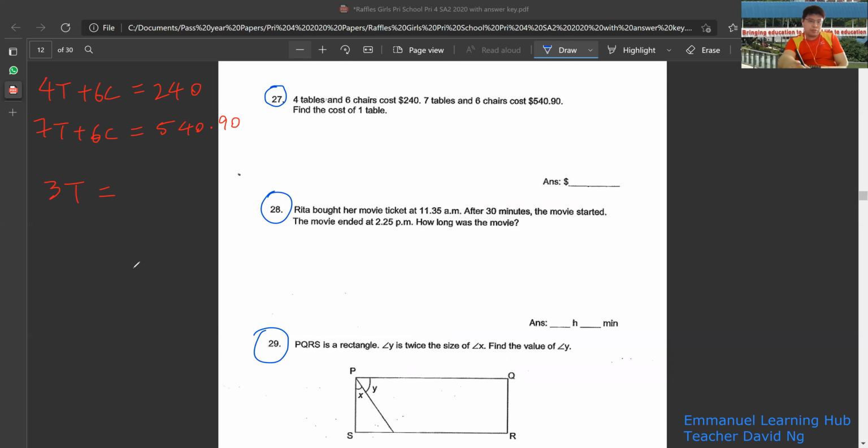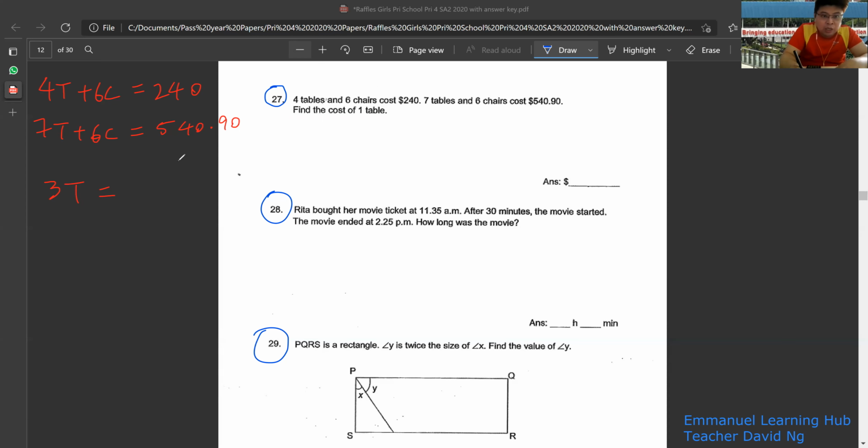3 tables cost, you can find in one shot. You think for a moment and tell me how to find 3 tables in one step. 240 minus 6 chairs, no. You see, this one has 4 tables and 6 chairs, right?